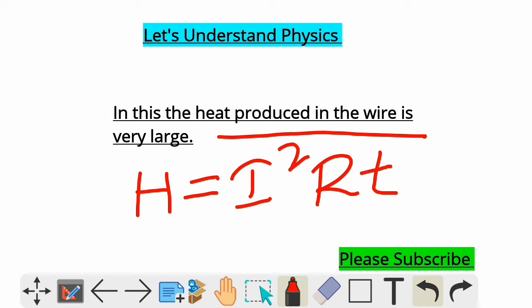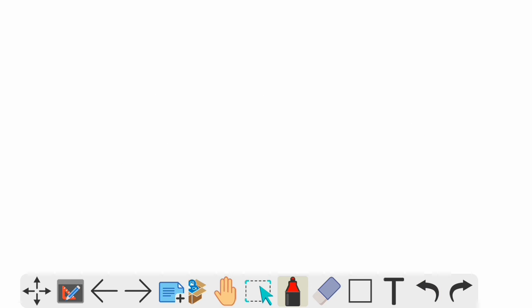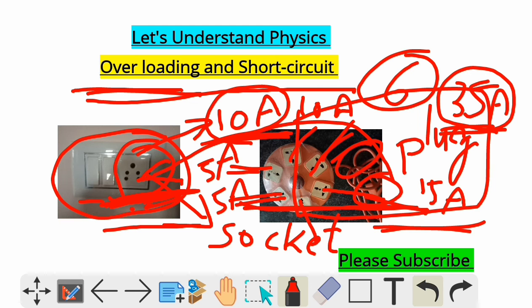So as the current value increases, heat increases, so the temperature also increases. So whenever the temperature is increasing on the wire, if you observe, this is plastic coating, isn't it? If you observe this extension box, the wire which is there with the plug, that is a plastic wire, isn't it?